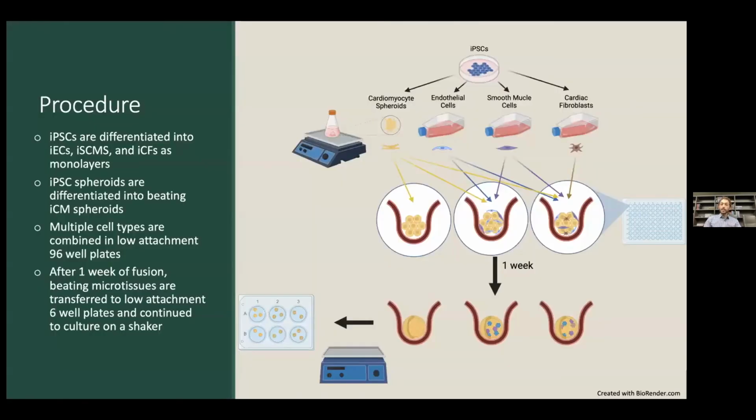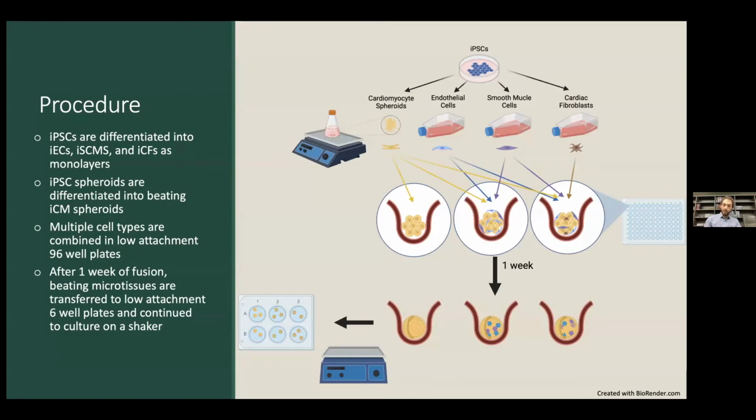So the process that we are taking to produce these organoids is, we've scaled that 3D differentiation process, which is the most complicated cell type culturing process that's necessary for these organoids. And additionally, we use iPSC-derived endothelial cells, smooth muscle cells, and cardiac fibroblasts.